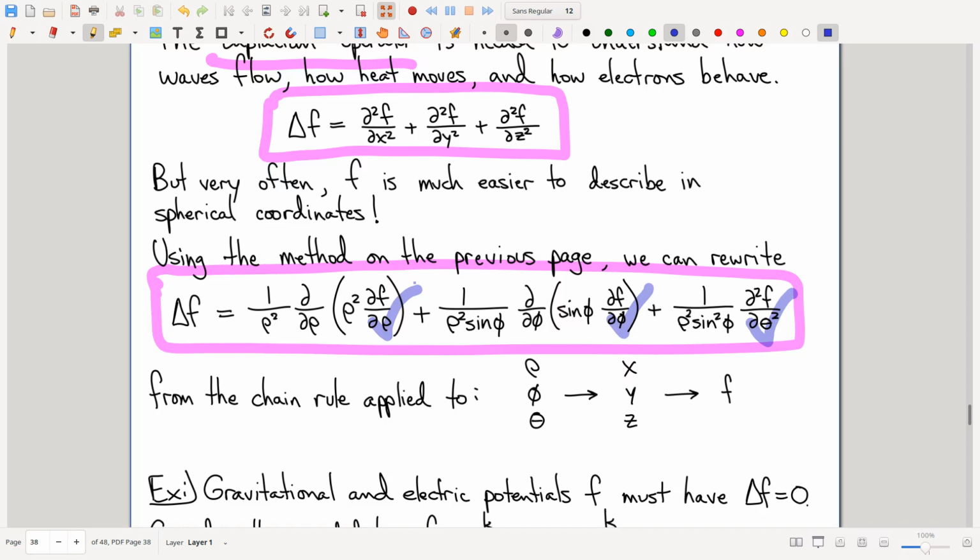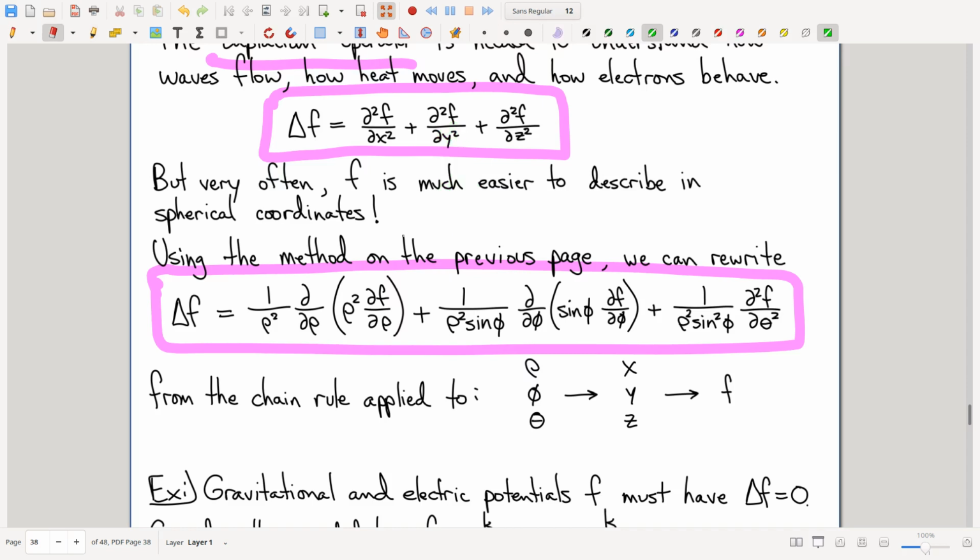It's all partials with respect to, and factors in terms of, spherical coordinates. Now, how did I get from here to there, you ask? Well, roughly speaking, we're going to go that way. We're going to go up, not down. This turns out to be easier.